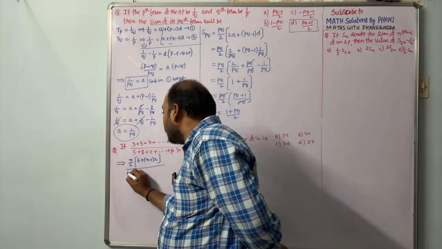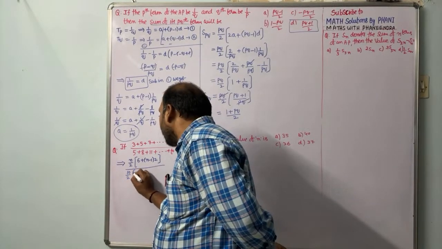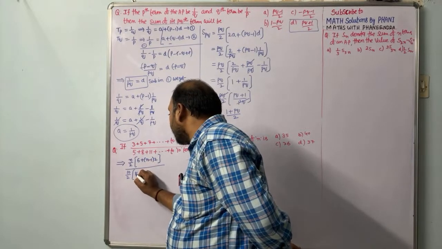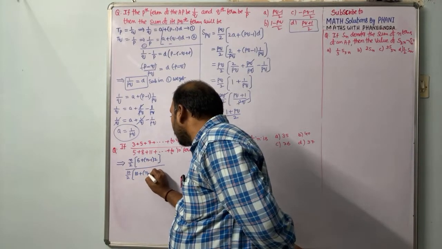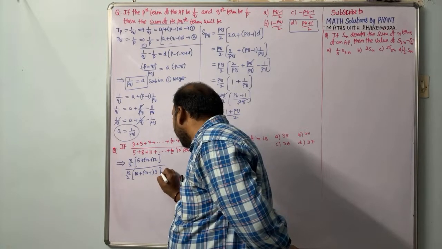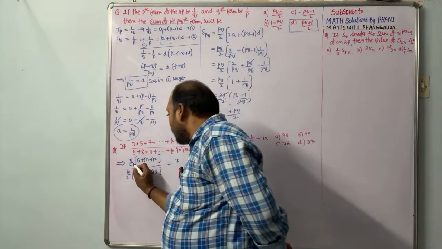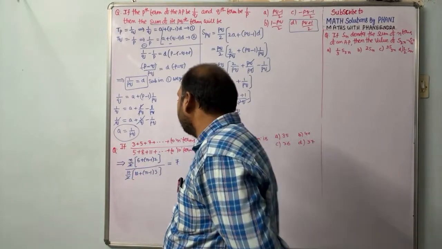here 10 terms is there now, 10 by 2 into (2a, that means 10, plus (n minus 1) into common difference 3) is equal to 7. So here 2 gets cancelled.